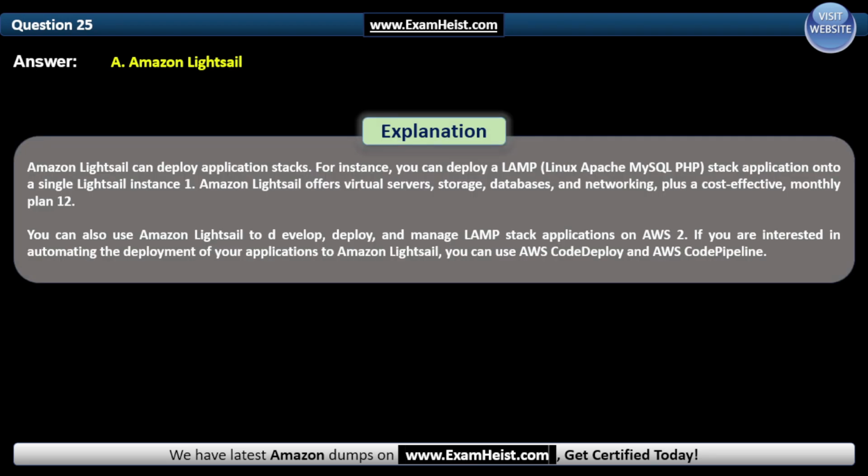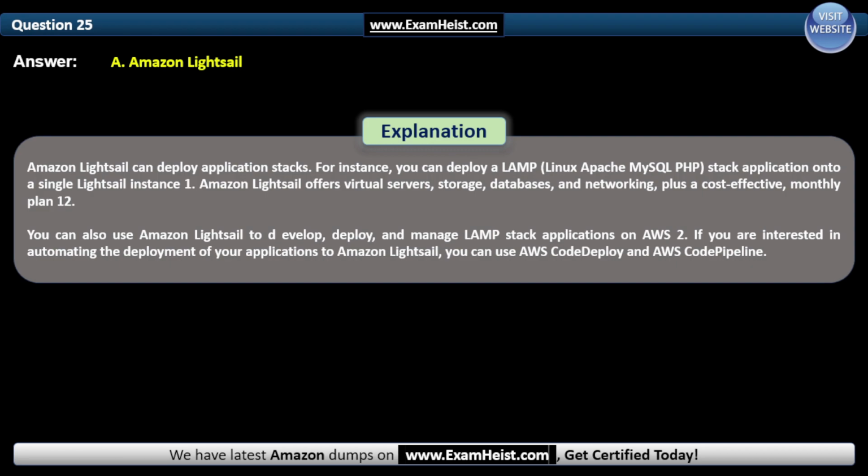Amazon Lightsail can deploy application stacks. For instance, you can deploy a LAMP stack application onto a single Lightsail instance. Amazon Lightsail offers virtual servers, storage, databases, and networking, plus a cost-effective monthly plan.